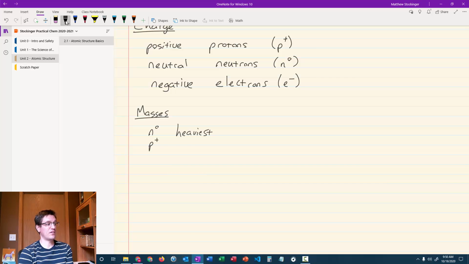Protons are almost as heavy as neutrons. In fact, it's so close that we can say that they're the same, protons and neutrons. And their mass is 1 AMU. AMU is an abbreviation that stands for atomic mass unit. We'll write that down.